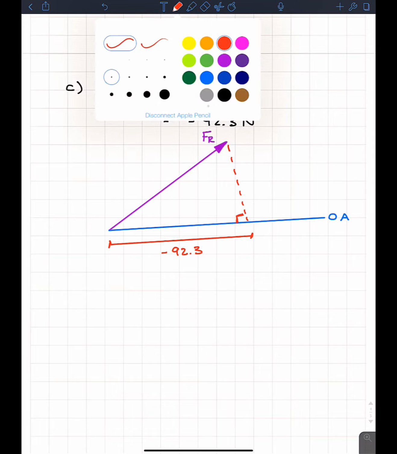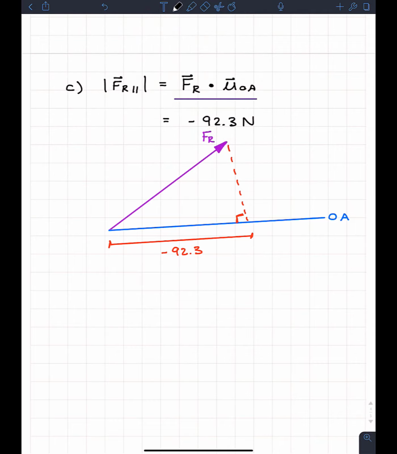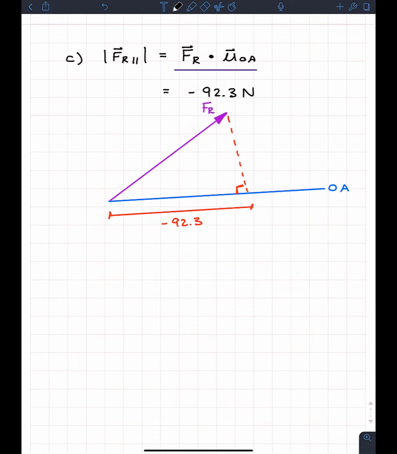But the question specifically asks us to find the component in Cartesian vector form. So it comes back to, you guys have to remember that to find a Cartesian vector, in this case we want that FR parallel, that's equal to the magnitude of FR parallel, which we now have. And then remember, to find a vector, we always multiply it with a unit vector.